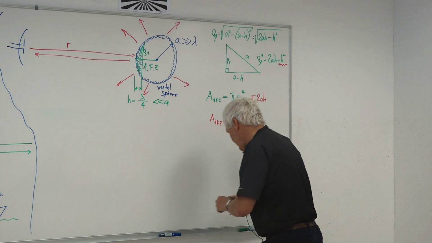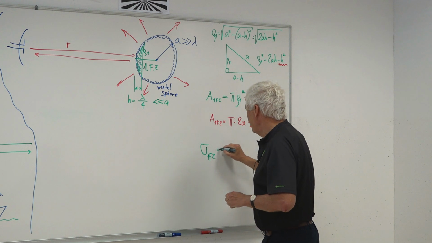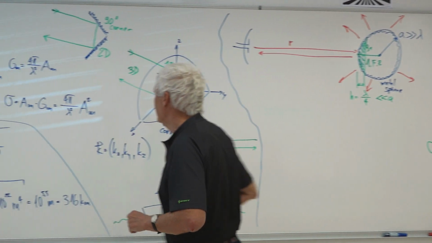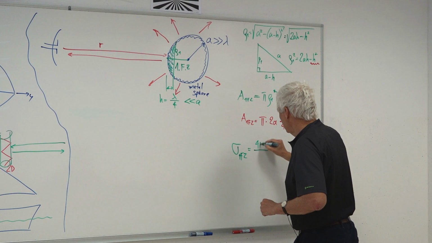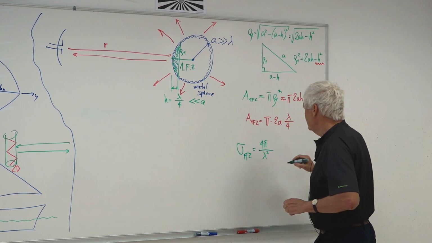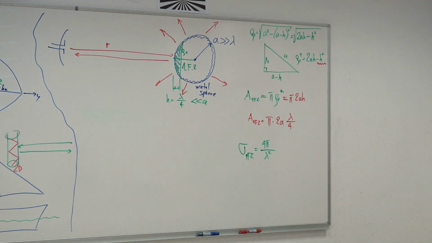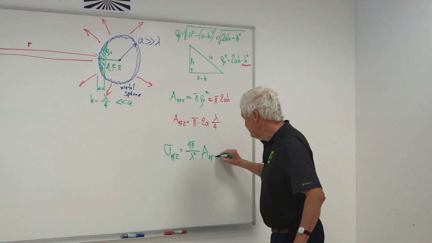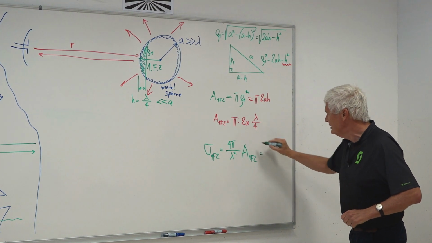So, sigma of the first Fresnel zone. Yes, I should use this equation here: 4 pi over lambda squared times the area of the first Fresnel zone. This is the correct formula.